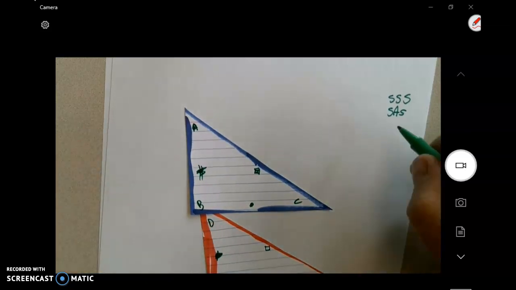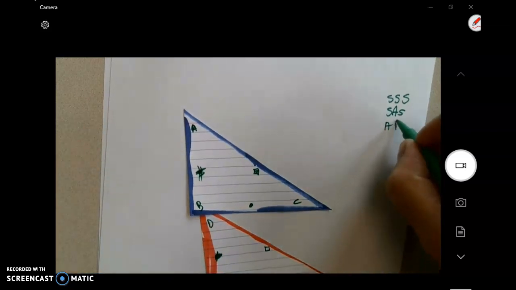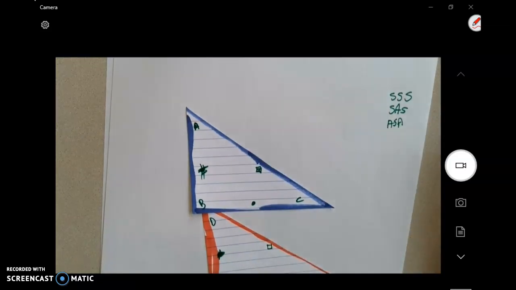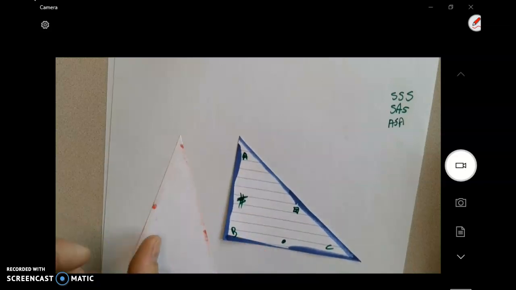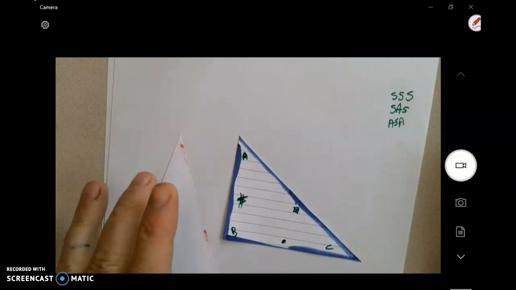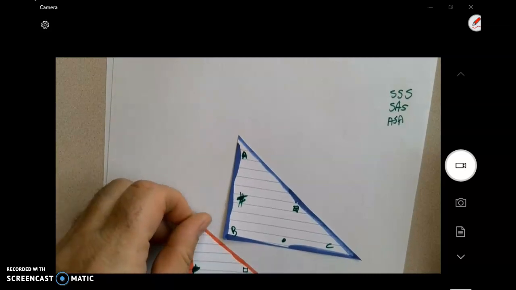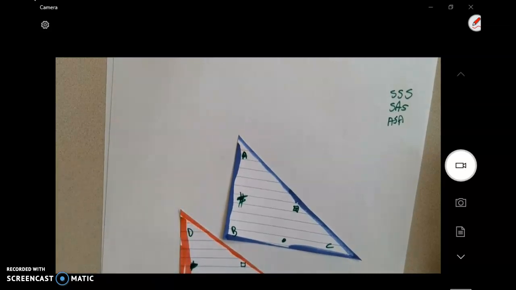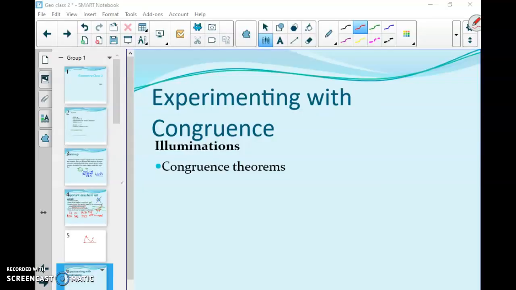No, because we have two angles and the side between them, there's no other way to draw it. Even if it's upside down and flipped, you're still going to have the same triangles. All right, we're going to stop there, and we're back on this.